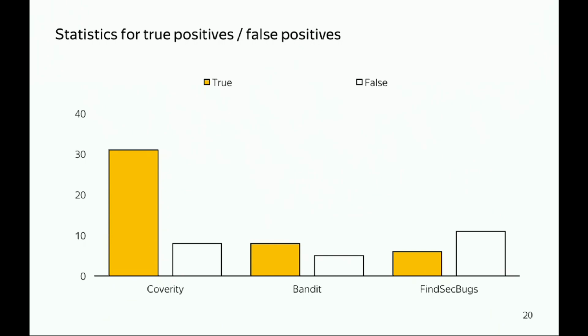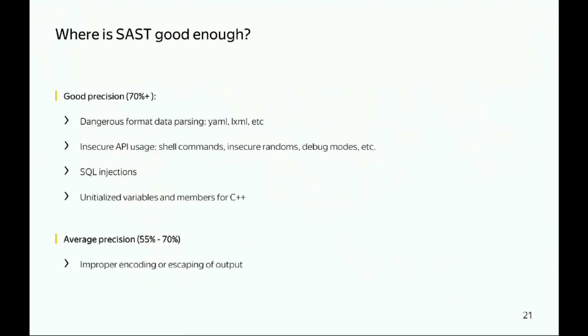And also we tune FindSecBugs and Bandit, switch off checkers, but sometimes we get false positives even after this work. So what's our point of view? SAST is good enough for dangerous format parsing. When you try to parse dangerous formats like, for example, XML or even YAML in Python, you know, it's about serialization, or using pickle, or some standard dangerous formats, SAST is good enough to find your issues.